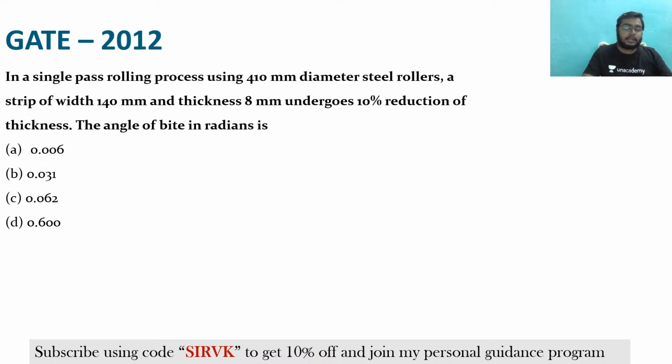In a single pass rolling operation using 410 mm diameter steel rollers, a strip of width 140 mm and thickness 8 mm undergoes a 10% reduction of thickness.